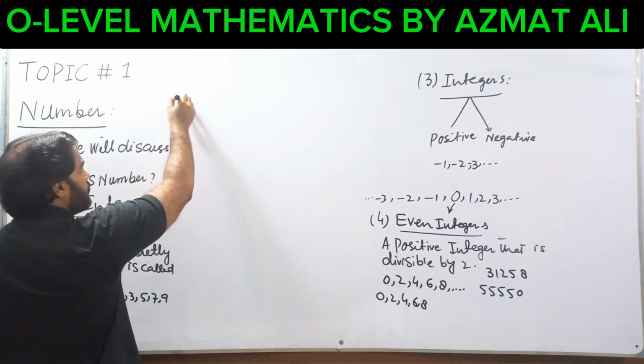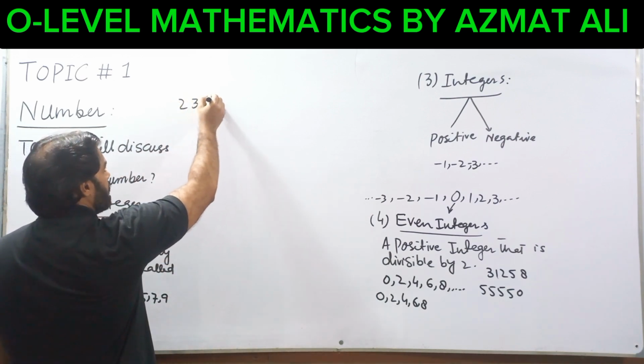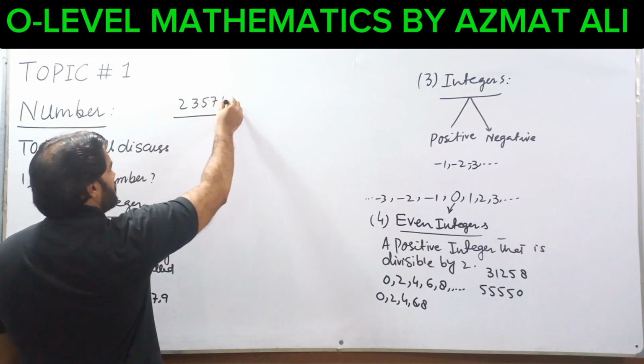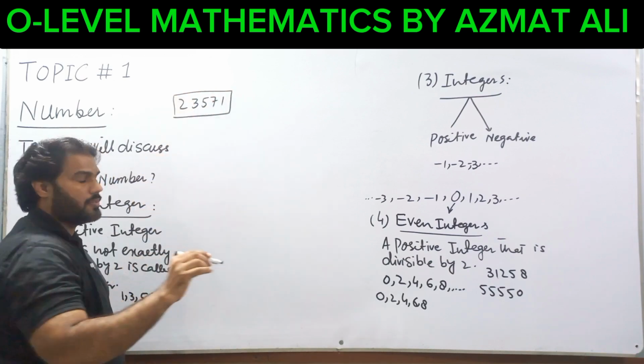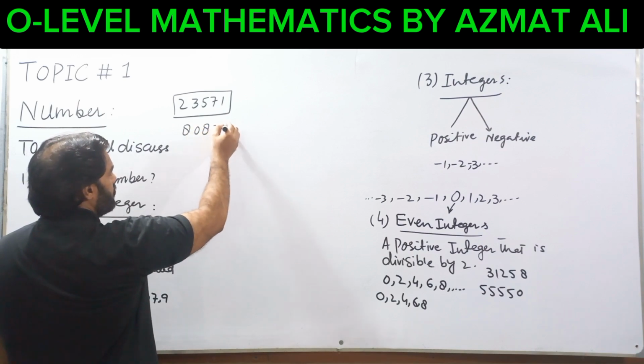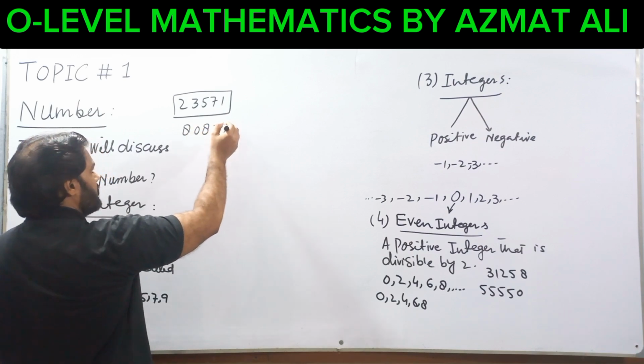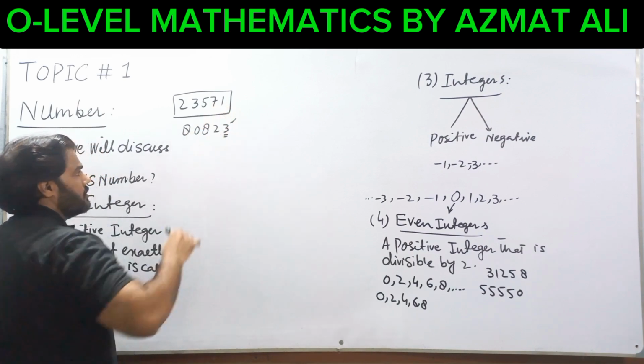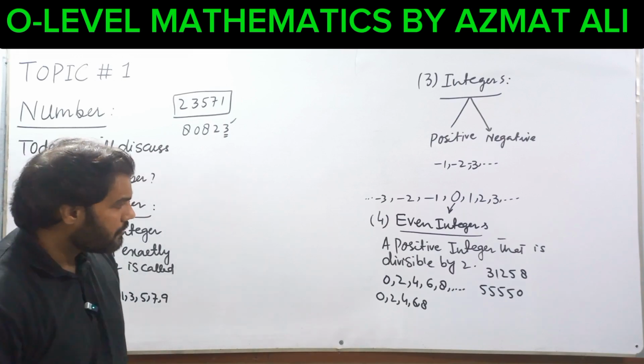For example, 2, 3, 5, 7, 1. This is an odd number. 8, 0, 8, 2, 3. The last digit is 3, so this number is also an odd number.